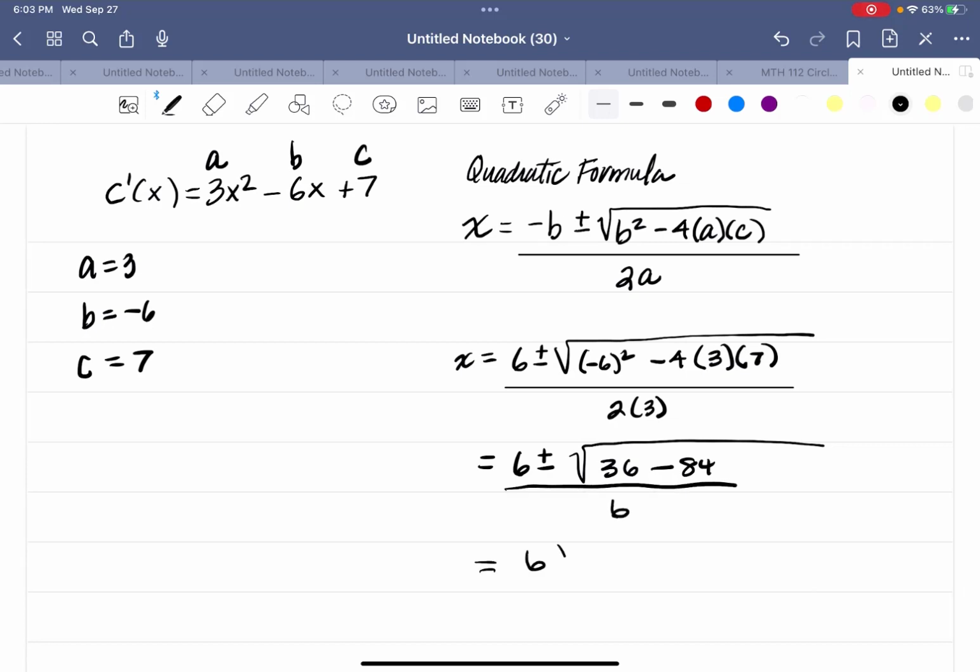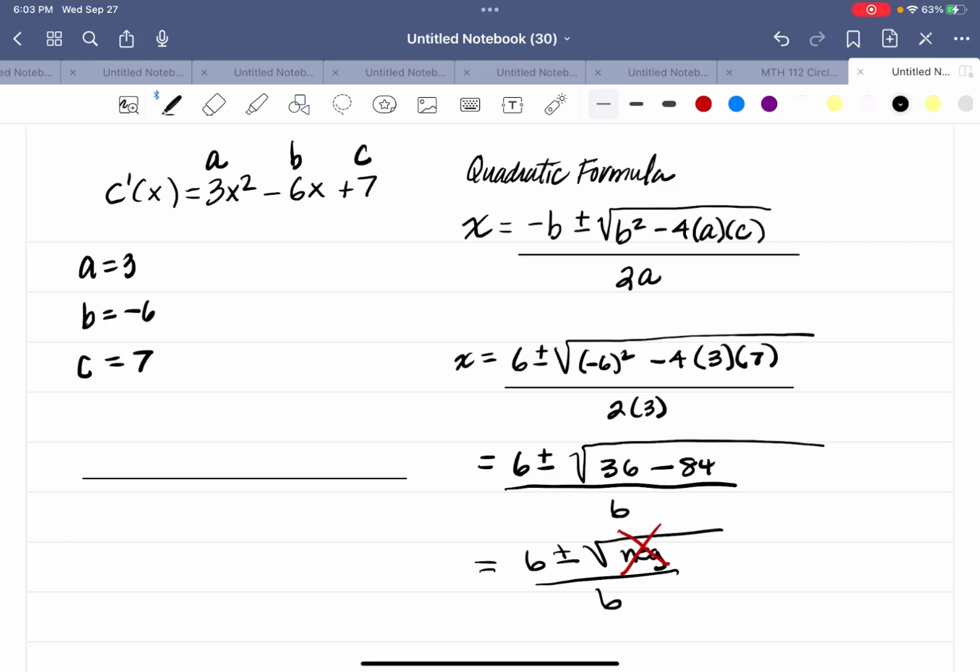This is a negative. We can't have the square root of a negative. Now we could go farther and find the imaginary roots, but imaginary roots have nothing to do with the real world. So there are no critical numbers for this function.